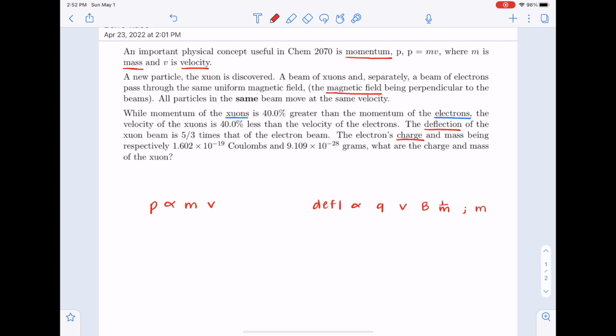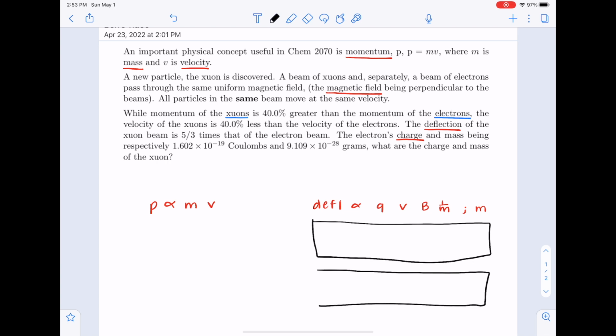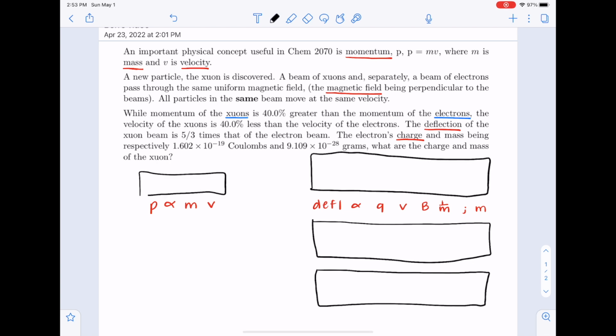And since we have 1 over mass, we'll also want to write a semicolon and then just mass next to it to make the calculations more clear for us.